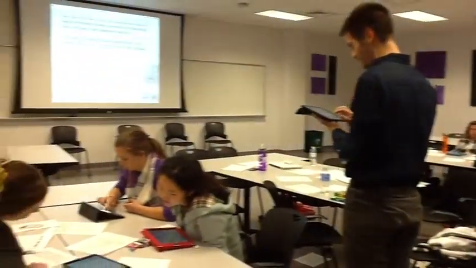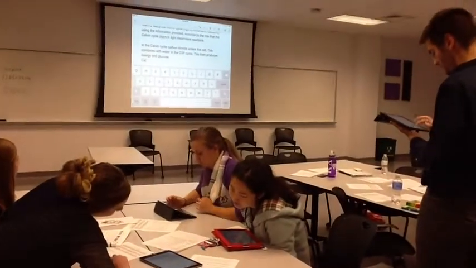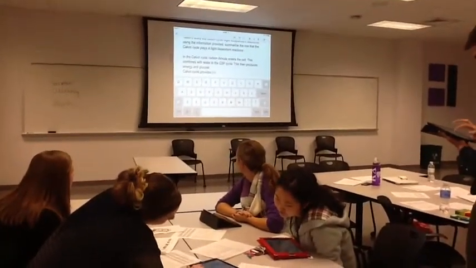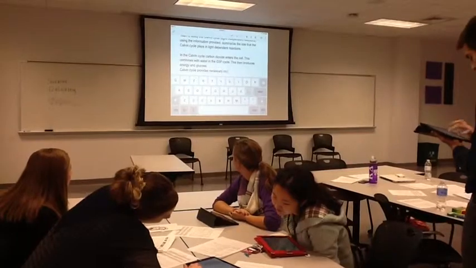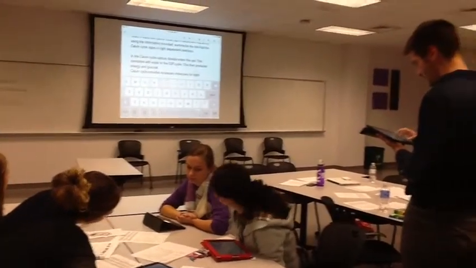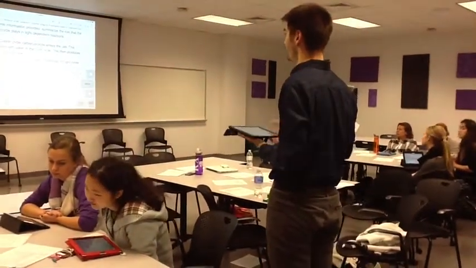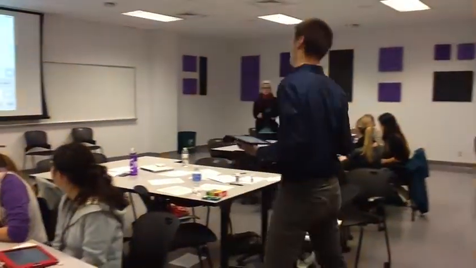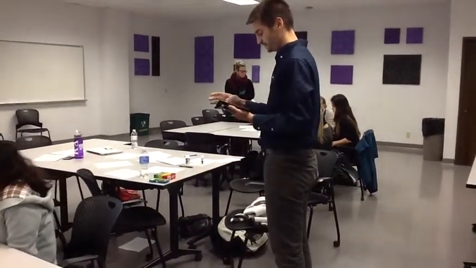Like I can type in here, Calvin cycle provides necessary molecules for life. And so that's a clue about what the Calvin cycle also does with photosystem 1 and how they each play into each other.